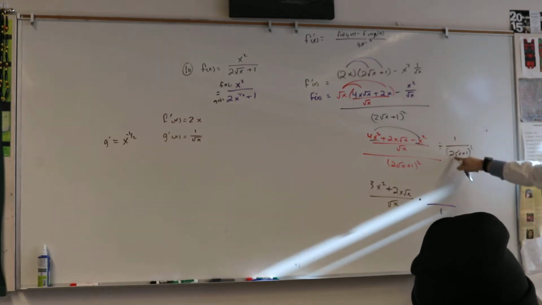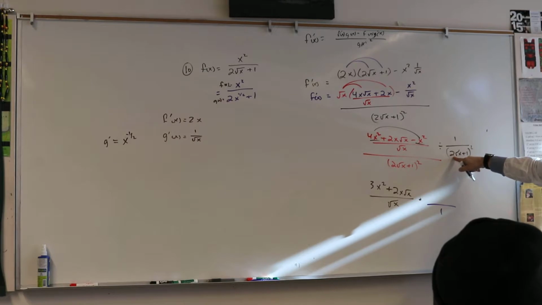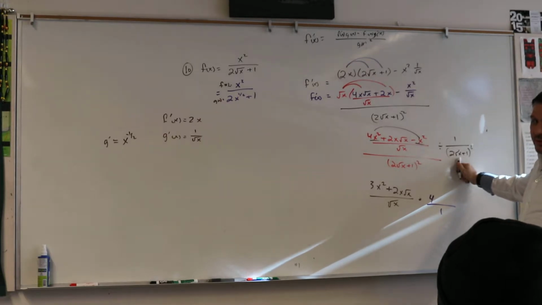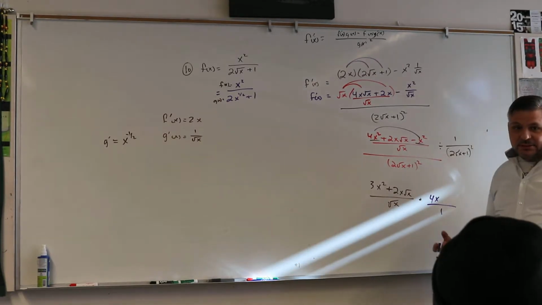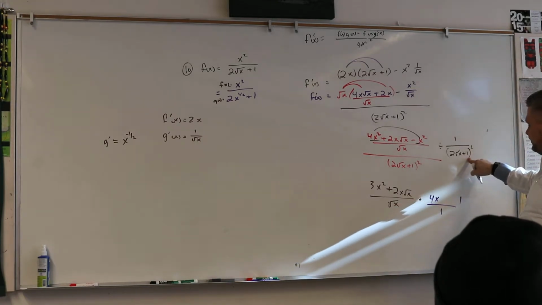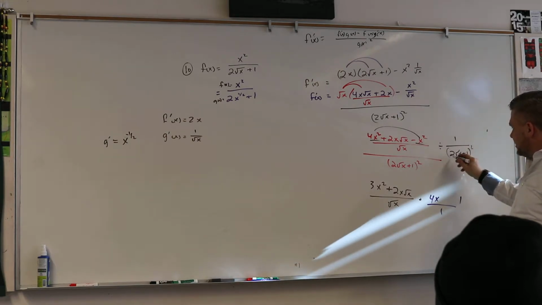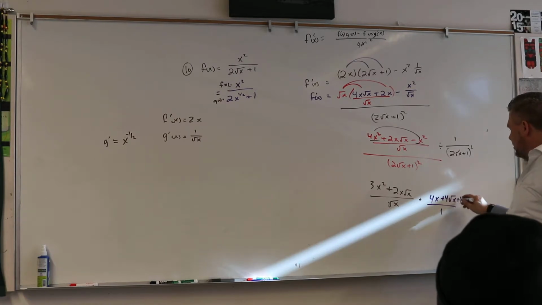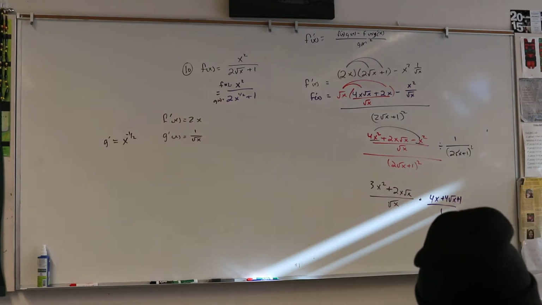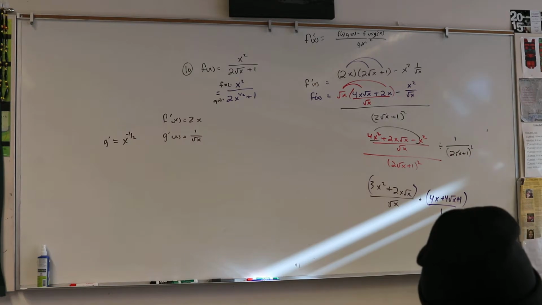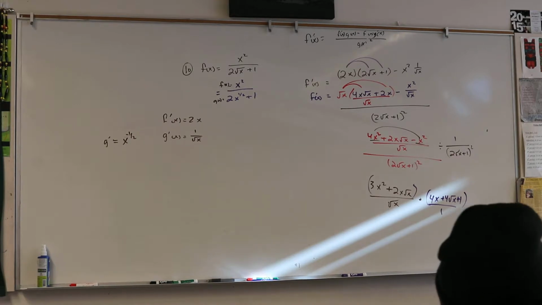So how would I square that? Well, what's this squared? 2 squared is 4, yeah? Square root of x squared would be x, yeah? And then 1 is 1, yeah? And then 2 times 1 times 2 is 4. So plus 4 square root x. And that would be a plus 1. So now we've got a binomial and a trinomial.